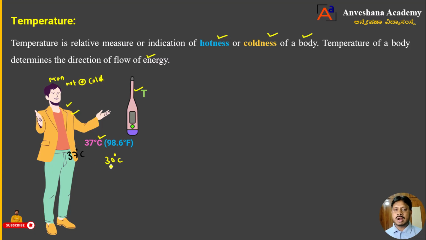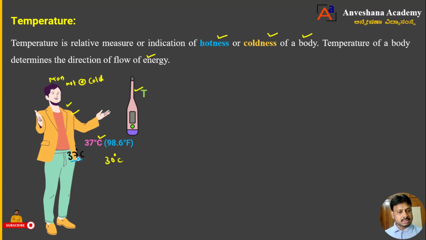Measuring hot or cold is nothing but temperature. So with the help of temperature, I can say how the heat is flowing, whether heat is flowing from the body to the surrounding or from the surrounding to the body. Now generally we know heat is going to transfer from a high temperature region to a low temperature region.